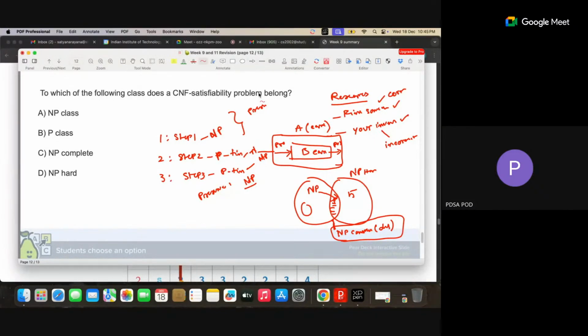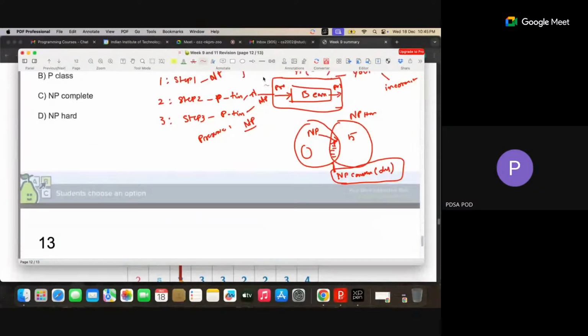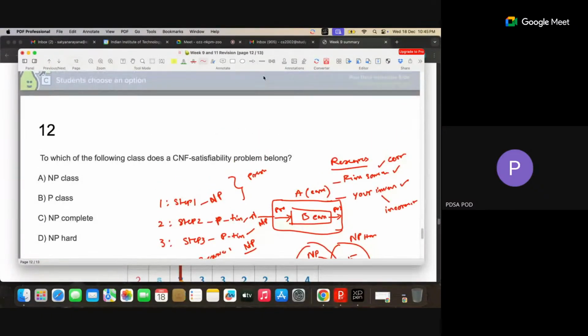The next one is satisfiability. Whenever CNF, conjunctive normal form, is used, we are using Boolean formulas.